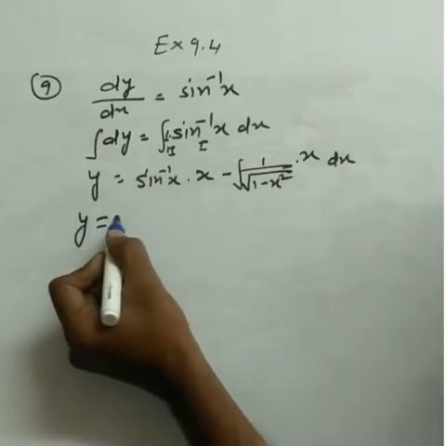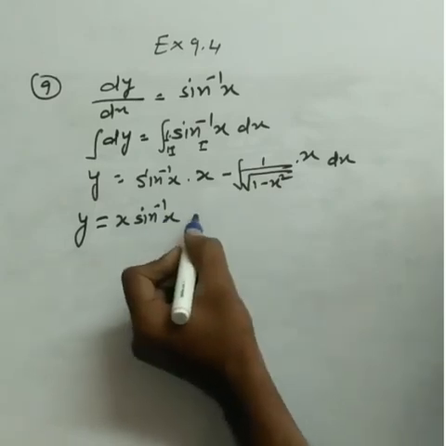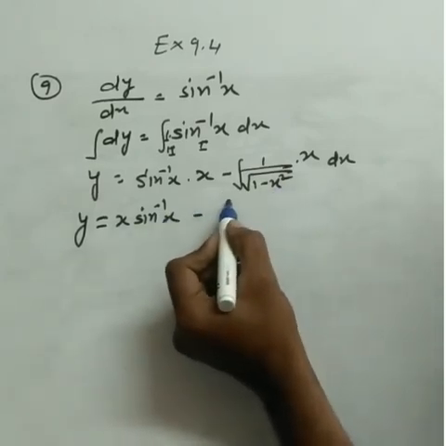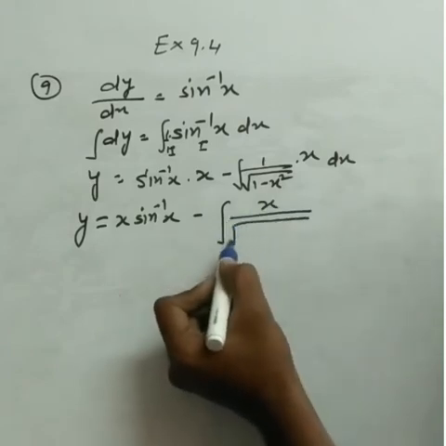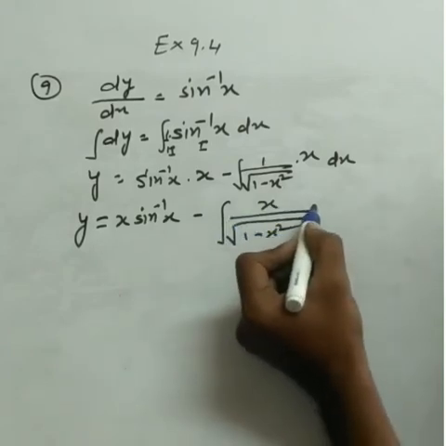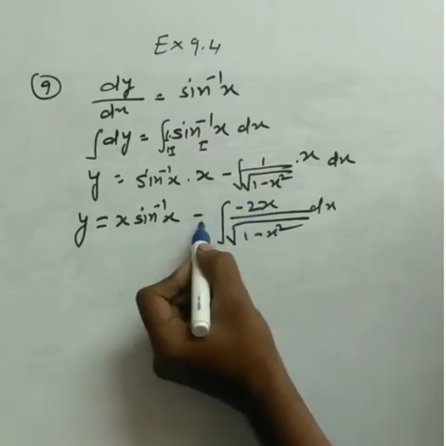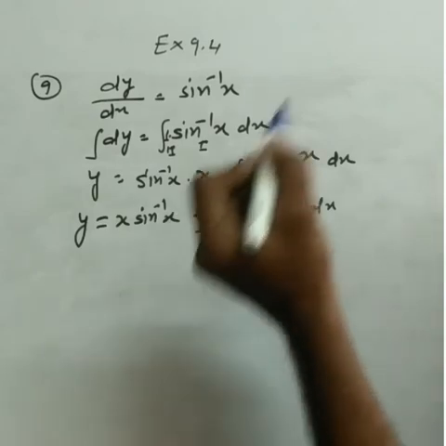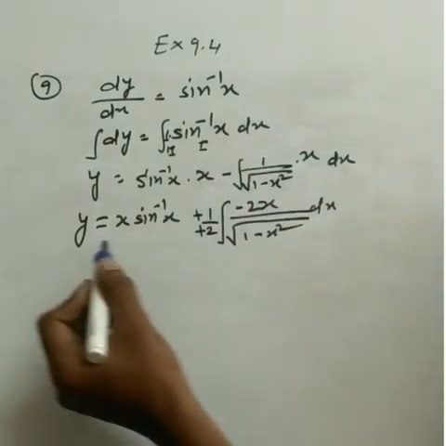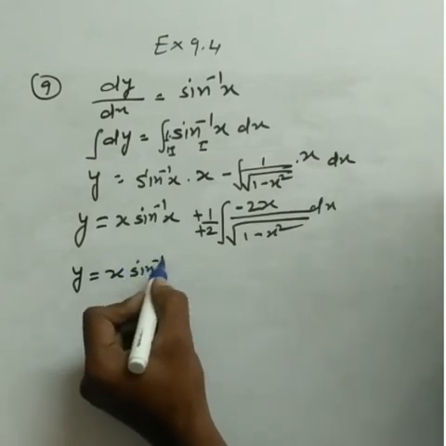y equals x sine inverse of x minus, here it is x upon root of 1 minus x square. We multiply it by minus 2 and divide by minus 2. Here it becomes minus minus plus. Y equals x sine inverse of x.